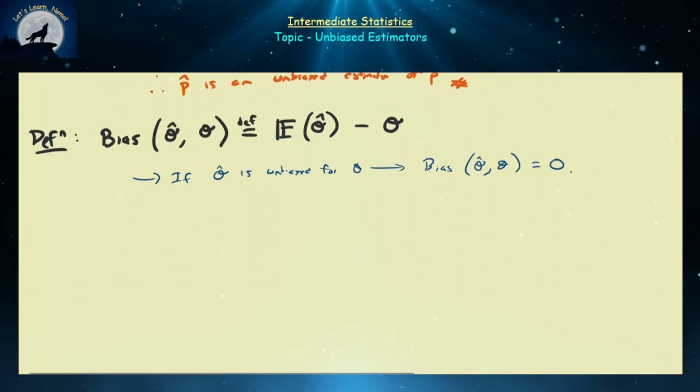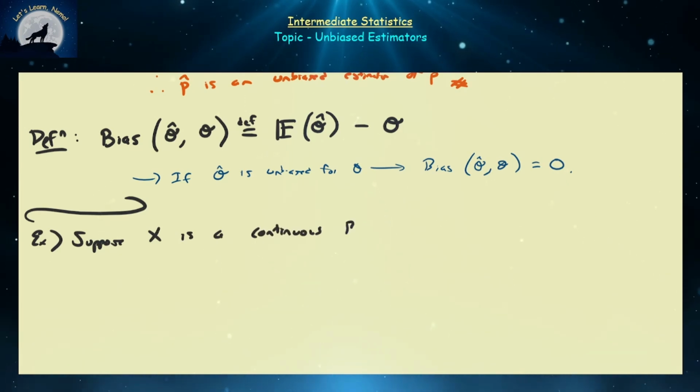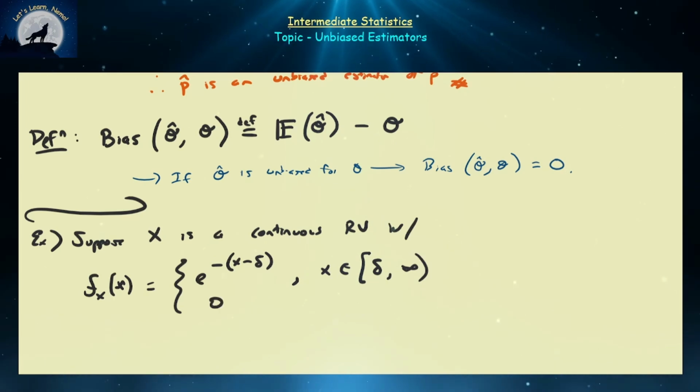All right, so let's actually work through a little bit more involved example. Let's suppose X is a continuous random variable whose probability density function is given to be e to the minus (x minus delta) for x in the interval delta to infinity, and let's assume it's 0 for x belonging to minus infinity to delta, open.